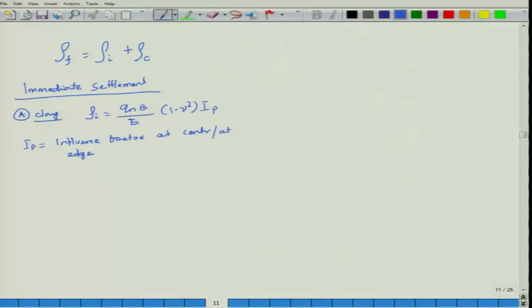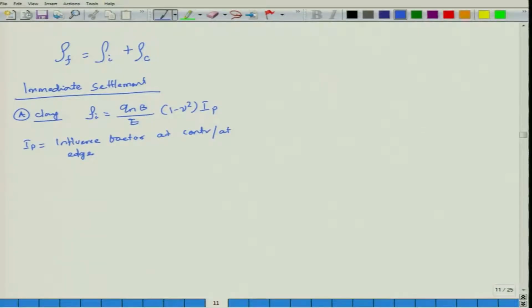You can find out the influence factor at the center as well as at the edge of the foundation. Why has this influence factor been used in the case of immediate settlement? From there you can find out the differential settlement of the footing, so that it can be said whether the differential settlement is within the permissible limit or not.